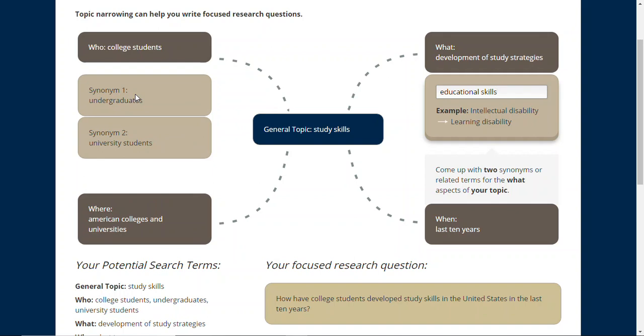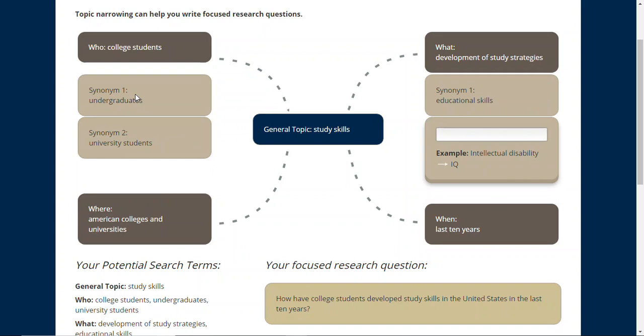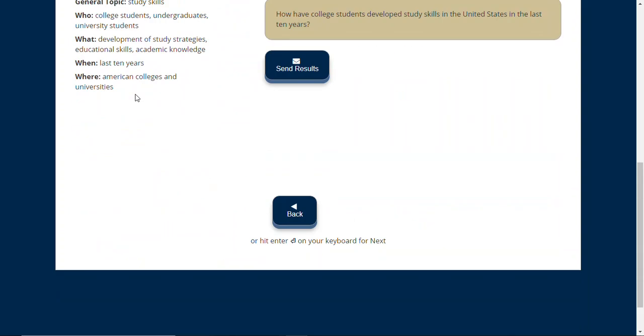Again, this is a tool for you, so you make this work with whatever is going to work for you. Enter, I think of another synonym, and that might be, let's say, academic knowledge. You could play around with the term development, creation of methods, whatever. Okay?